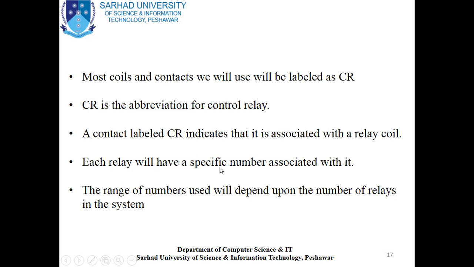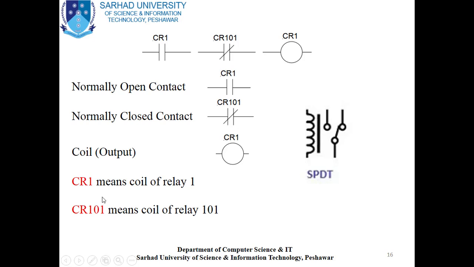Each relay will have a specific number associated with it. Like in the previous slide, you can see CR1. 1 is the number which is associated with this relay. So CR1 means coil of relay 1, and here 101 is added with CR, which means CR101 means coil of relay 101. So 101 and 1 are the numbers of these relays.